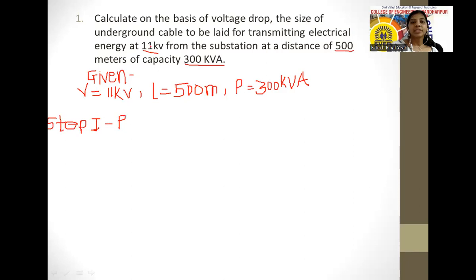Here transmission underground cable is mentioned. So which formula will come here for finding permissible voltage drop? 12.5% of total voltage.